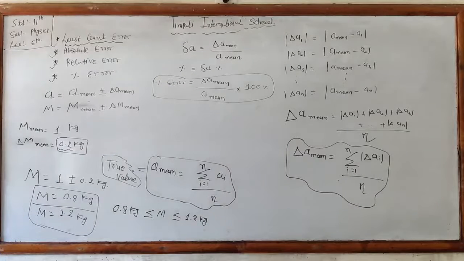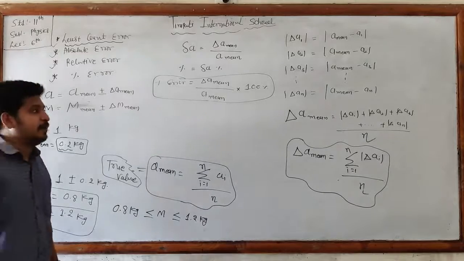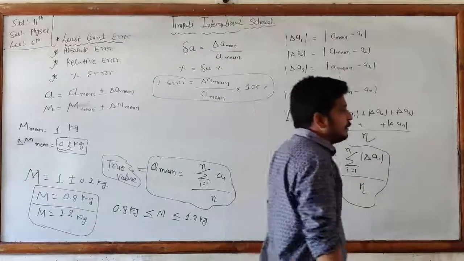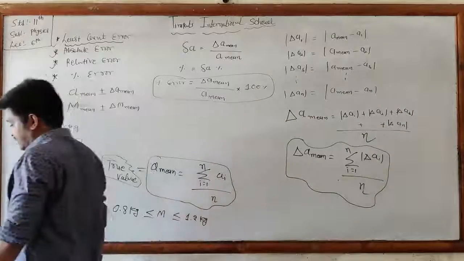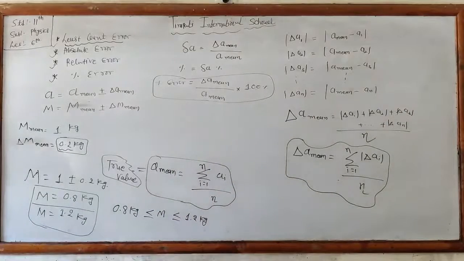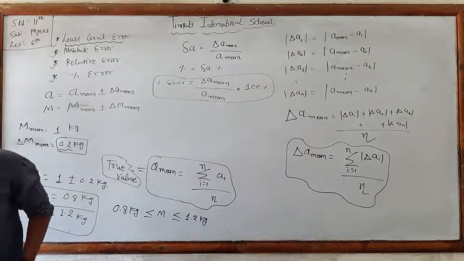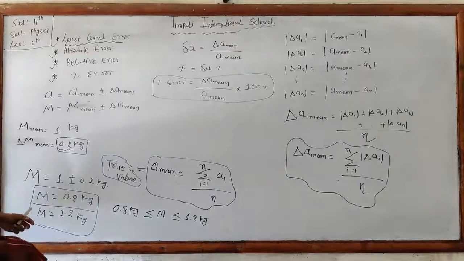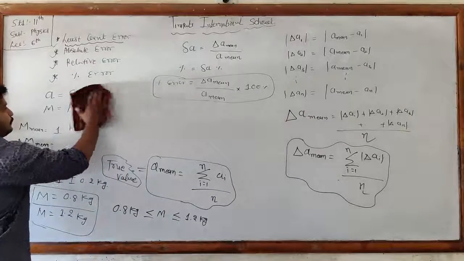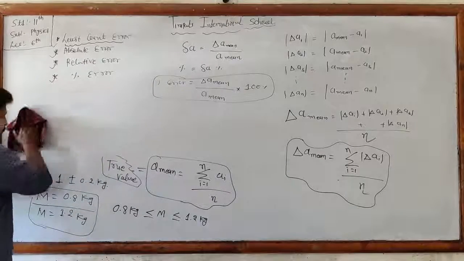Here I am taking example number 2.7. We measure the period of oscillation of a simple pendulum. What is a simple pendulum?